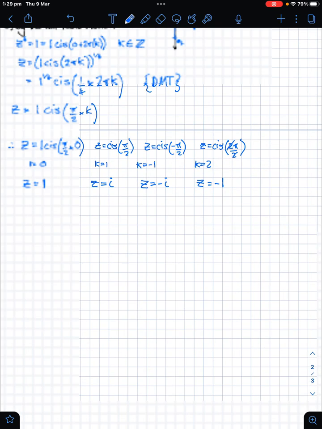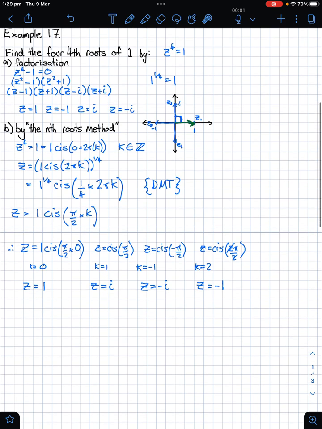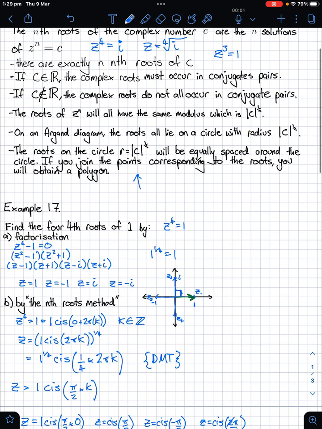Now, you'll notice this is the same solutions we had from factorising. We had factorising up here. You notice these are all equally spaced out. So if we think about those points we've talked about earlier, this would be a circle of radius 1 that would go around here, which links to this value here.